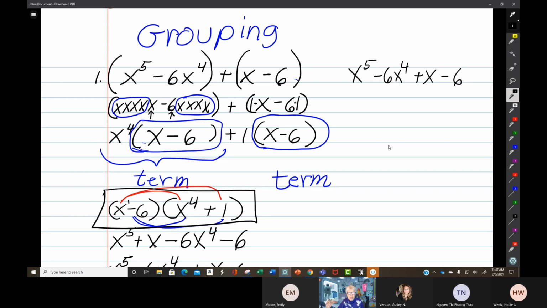And then you're going to find out that there really is no such thing as a prime polynomial, a polynomial that cannot be factored, if we open it up to the complex number system. So next week we're going to be reviewing complex numbers, and I think solving quadratic equations by factoring and by the quadratic formula. So there's a lot of stuff coming.